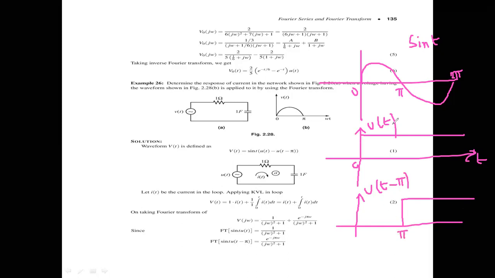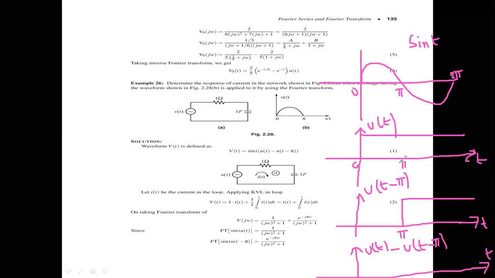Okay, subtract these two functions, mu of t minus mu of t minus pi. Okay, my dear students, listen carefully. If you are not following, then definitely it is difficult to understand. So now I am subtracting these two functions from 0 to pi.